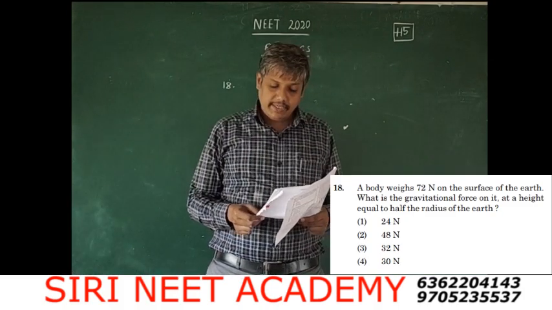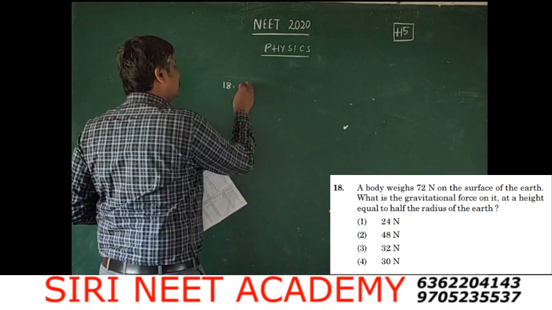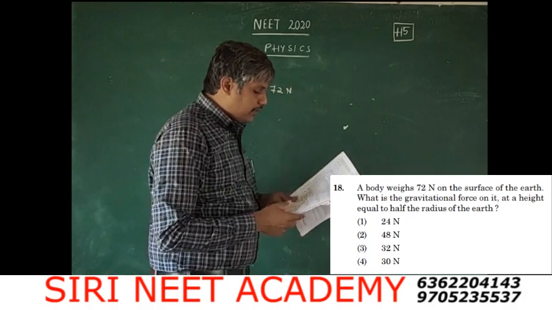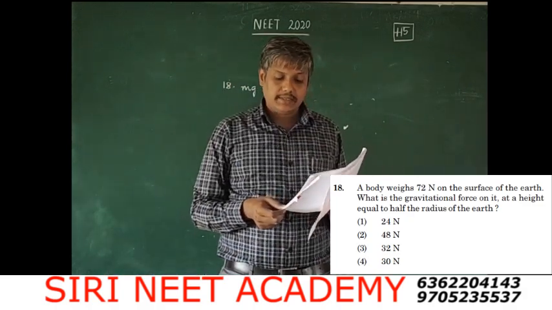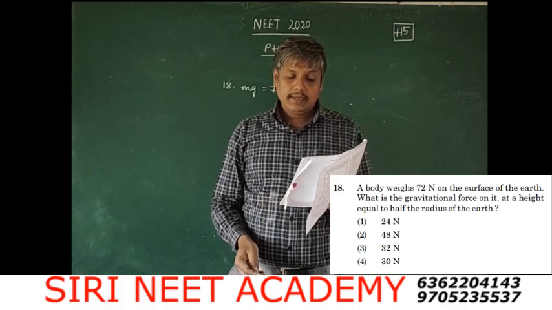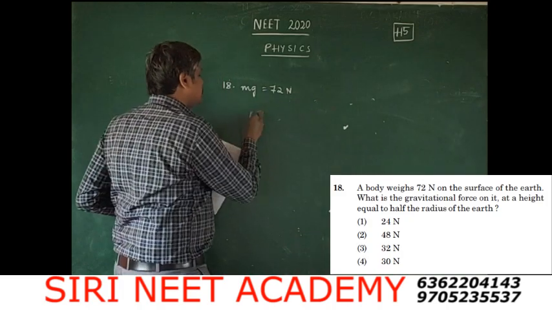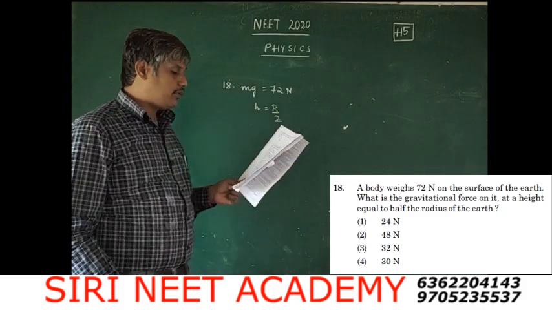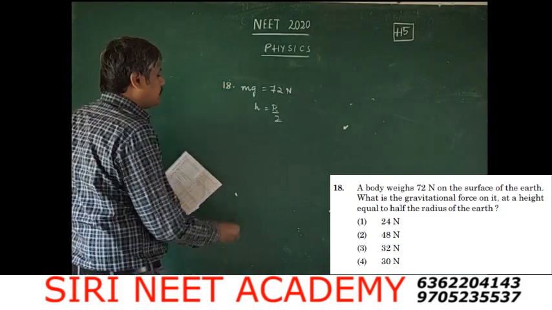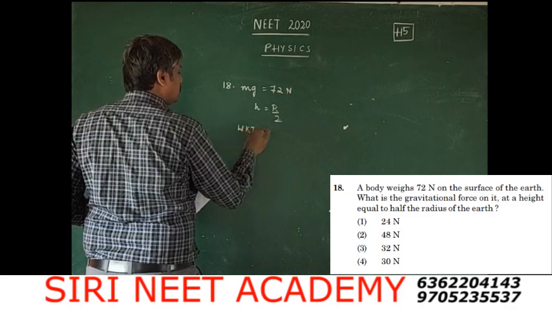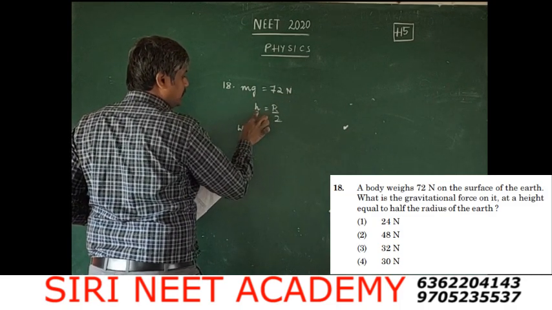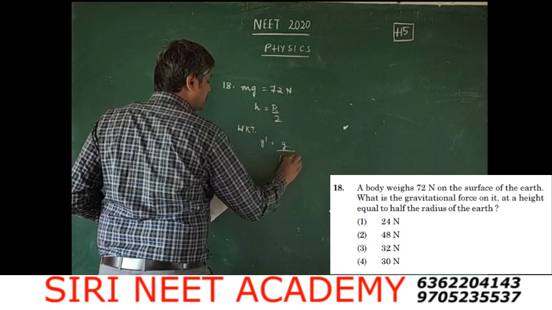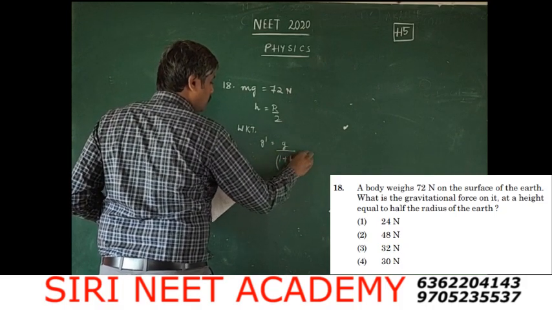A body weighs 72 Newton on the surface of the earth. What is the gravitational force on it at a height equal to half of the radius of the earth? So h is equal to R by 2. We know that the acceleration due to gravity at height h is given by g dash is equal to g by (1 plus h by R) whole square.